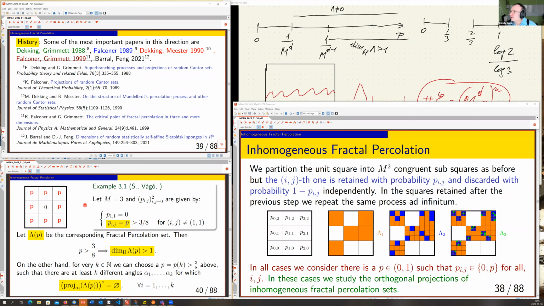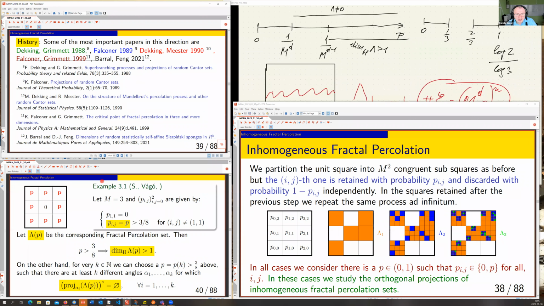This is very similar to the Sierpiński carpet. If P was equal to 1, it would give you back the Sierpiński carpet. This was considered by Dekking and Grimmett, and they wrote a paper about the projection to the coordinate axis of this set.